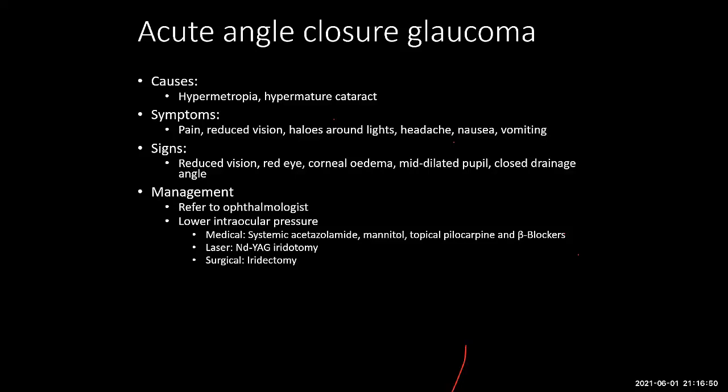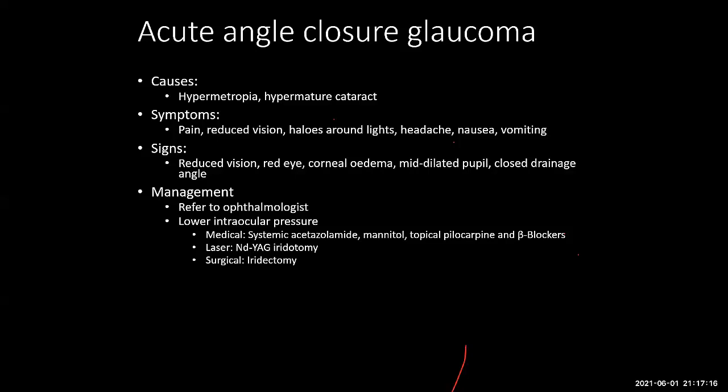And management, so if you have any suspicion, if they're coming with severe pain, loss of vision, halos around lights, and then they have red eye, especially circumcorneal injection, please do refer them to the eye department as early as possible. Okay.